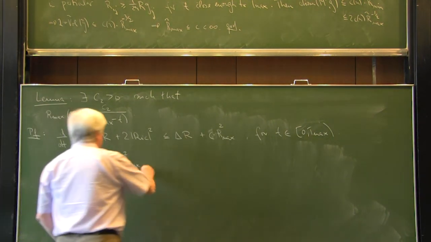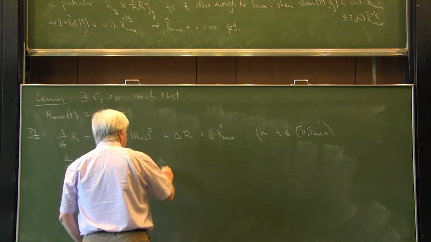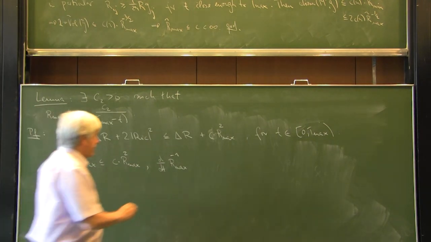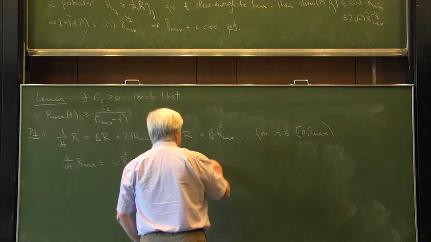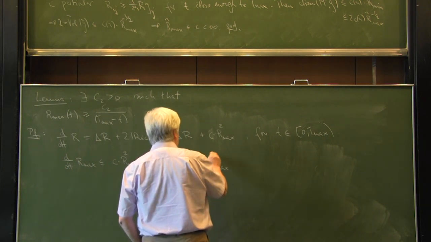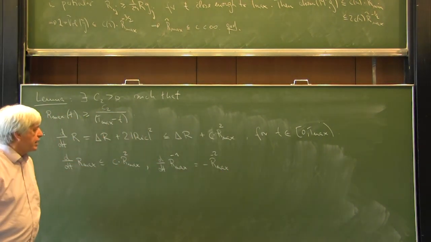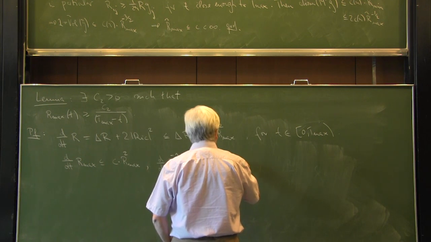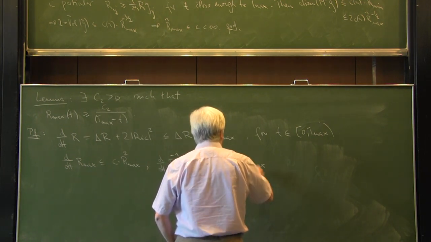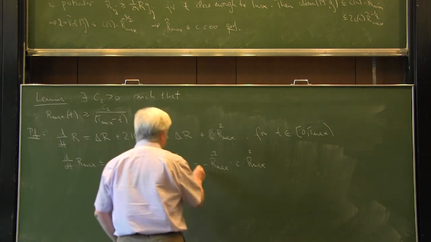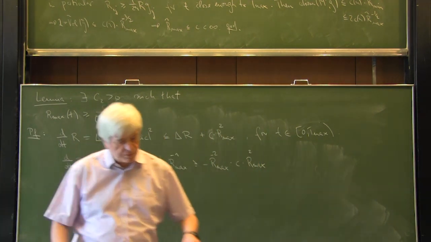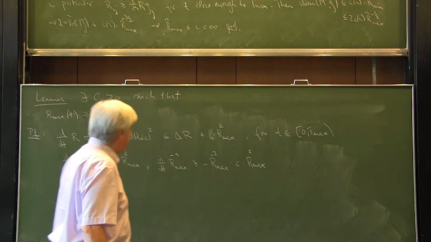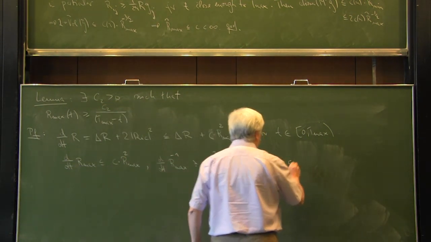Which means that if I take ddt of the inverse, then this is equal to minus R max to the minus 2, of course, all in the sense of difference quotients, times a constant times R max squared, and here I get the lower bound. And this is just minus this constant.